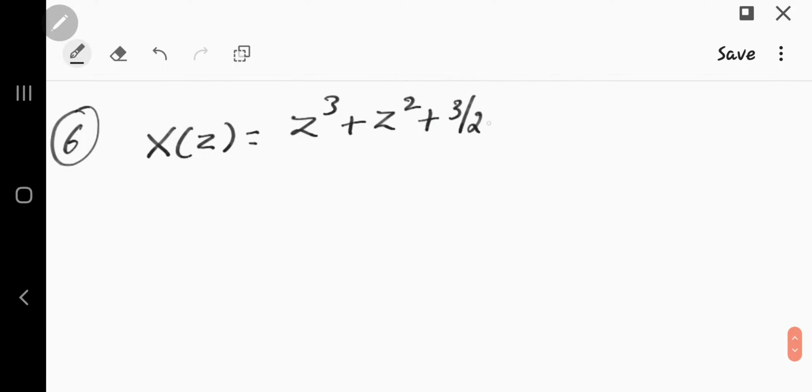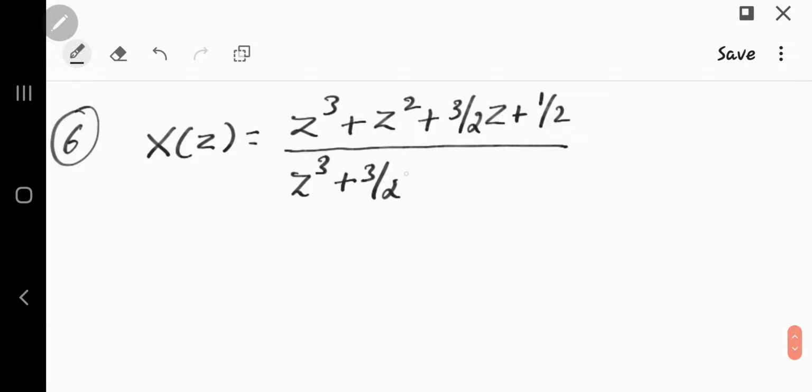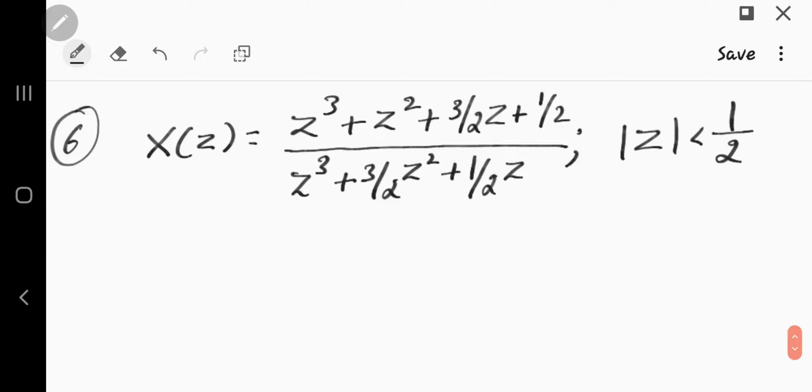Same thing, find the inverse Z transform of x of z using partial fraction expansion method, given x of z is equal to z cube plus z square plus 3 by 2 z plus 1 by 2 divided by z cube plus 3 by 2 z square plus 1 by 2 z. Here the ROC is less than 1 by 2.